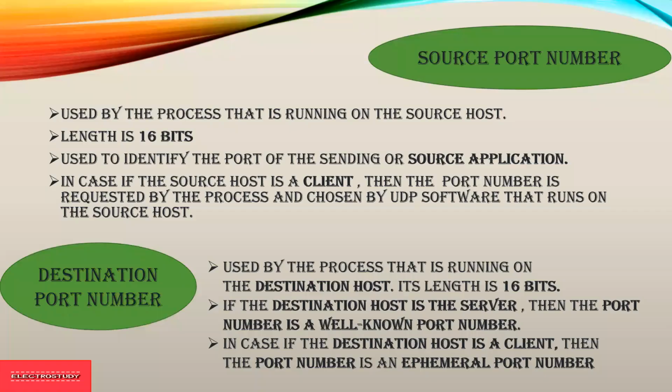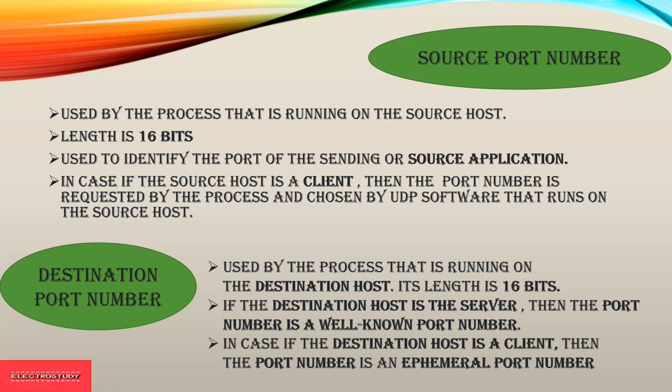Next, you will be seeing what the source port number, destination port number, checksum and length are. The source port number is a 16-bit piece of information which identifies which port is going to send the packets of data. This is used by the process when the source host is running.